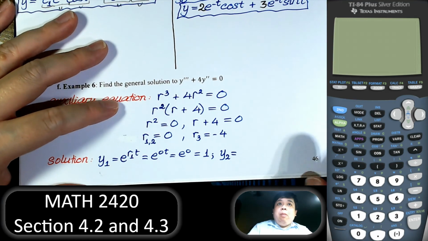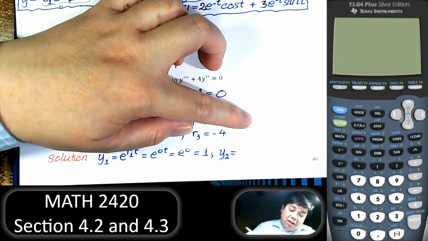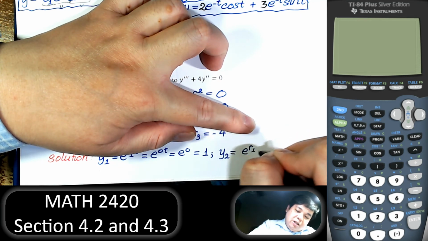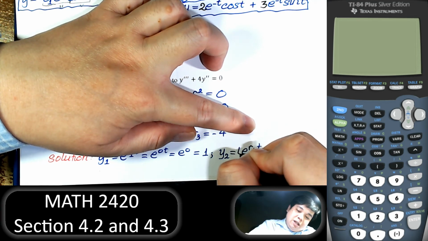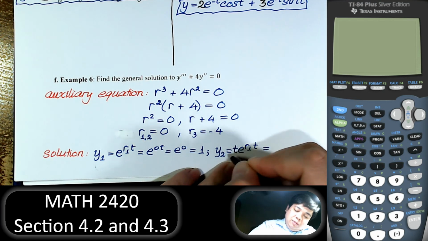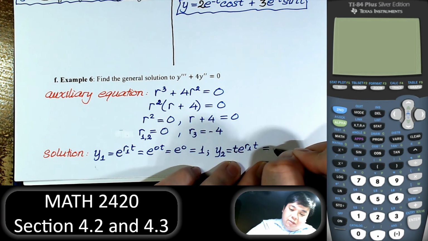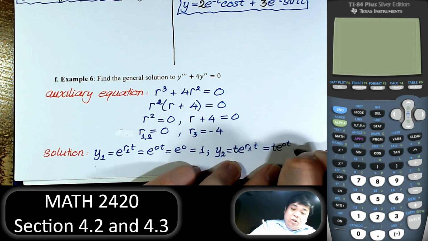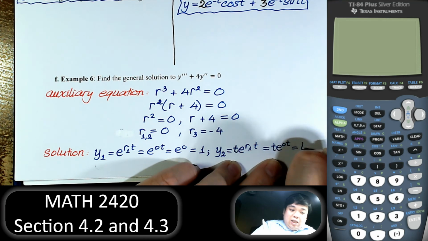We have to make it linearly independent, so it will be e to the r1 t times t. That gives us t e to the 0t, and e to the 0t is 1, so this is t.